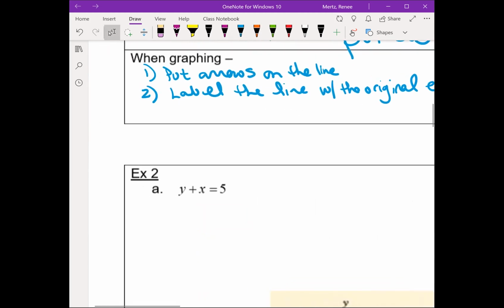EQN is my abbreviation for equation. You want to show a scale. You don't have to label everything, just show a little bit of a scale. And then label your axes. Mostly in this class, they're labeled for you.